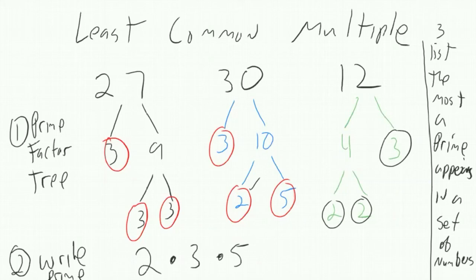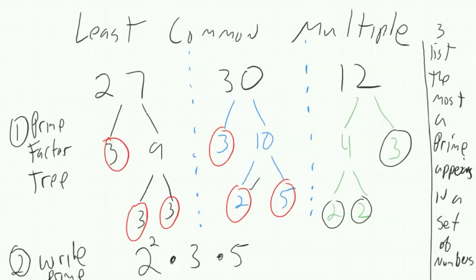Sorry, horrible handwriting. So I had a student once who would draw a little dashed line separating her trees to remind herself that I have to look at these individually. So I first start with the twos. I have no twos in the first group. I have 1 two in the second group, and I have 2 twos in the third group. Well, the third group has 2 twos, so therefore I put a squared there. I don't count all of them. I count the one set that has the most.